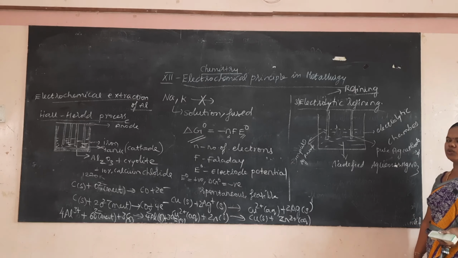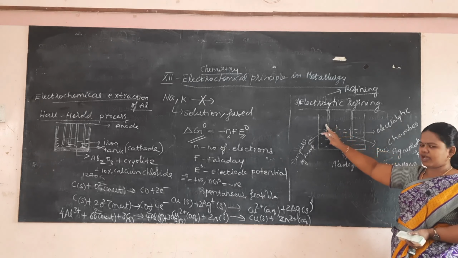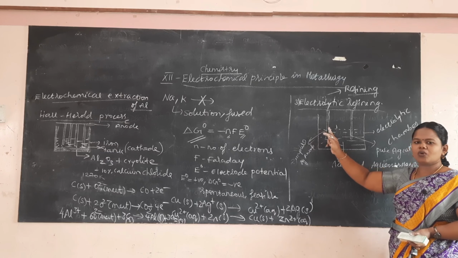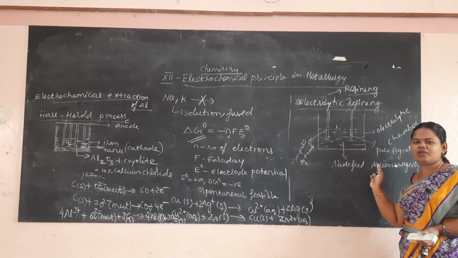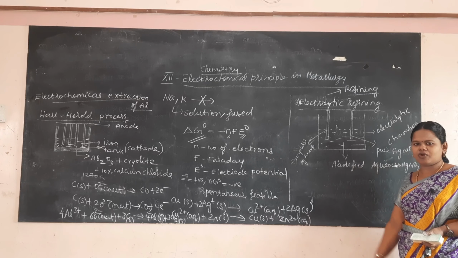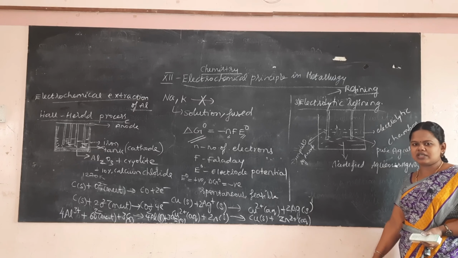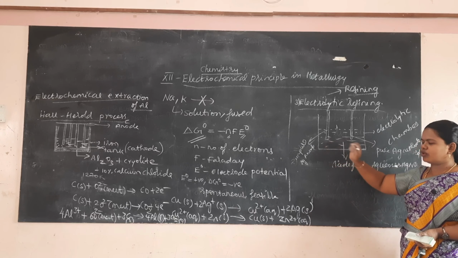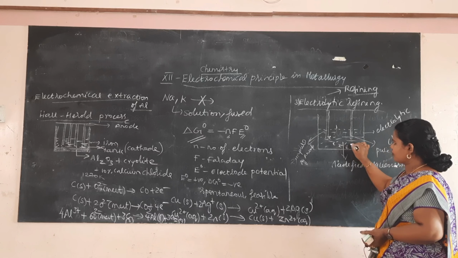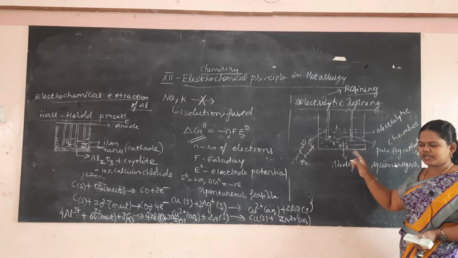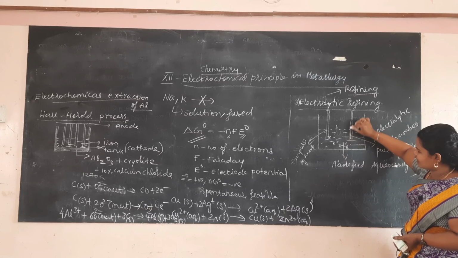Now what are we going to do? What happens at the anode? At the anode, anodic oxidation. Oxidation involves loss of electrons. At the cathode, cathodic reduction. Every time you have to remember anodic oxidation, cathodic reduction. So here, on passing an electric potential, the ions will move into the solution and then get deposited on the cathode.